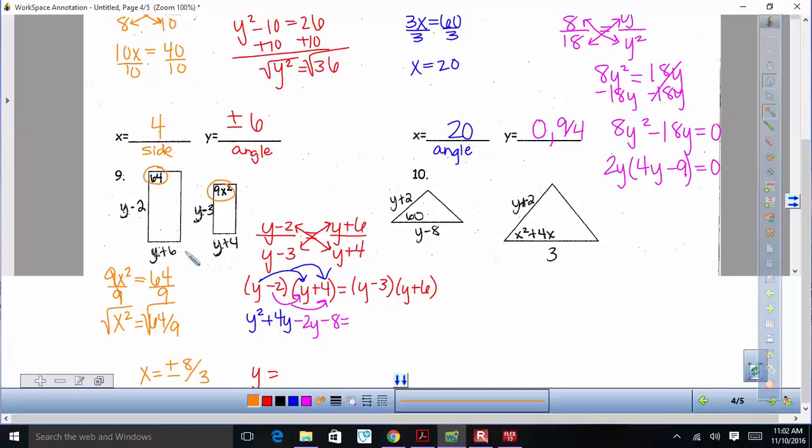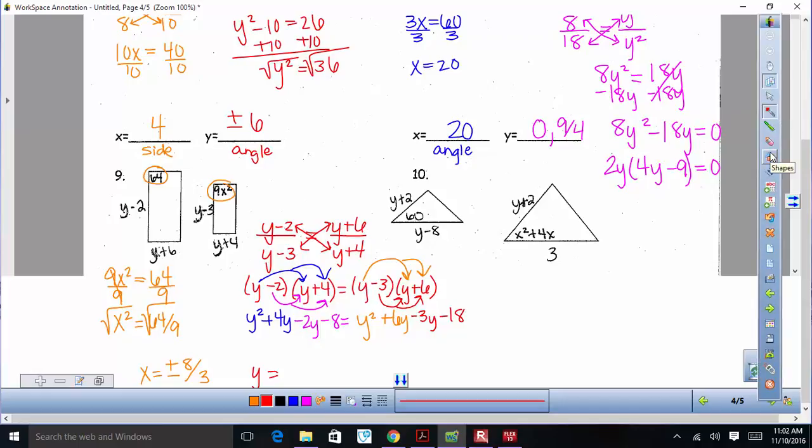Now I have to do that exact same thing in the second set of parentheses. So I'm going to do y times y, which is y squared, and y times 6, which is 6y. Then I'm also going to do negative 3 times y, which is negative 3y, and negative 3 times 6, which is negative 18. Now, that's a lot of terms, right?